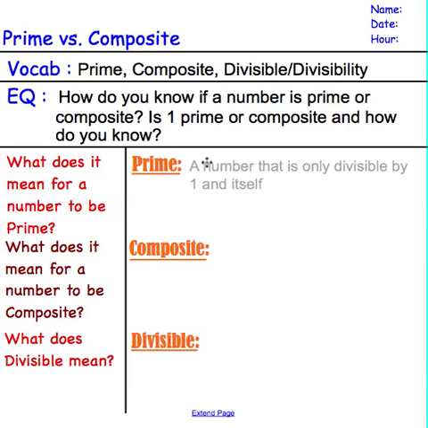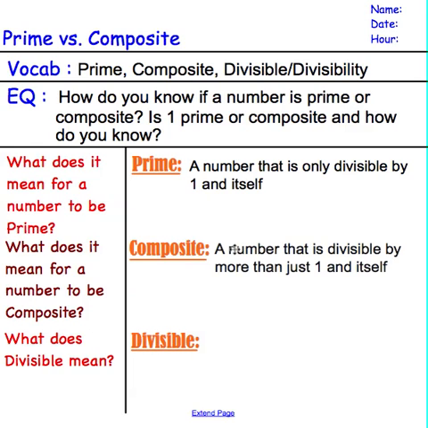A prime number is a number that is only divisible by 1 and itself. Now, on the other hand, if it's not prime, it's usually composite, which would be a number that is divisible by more than just 1 and itself.